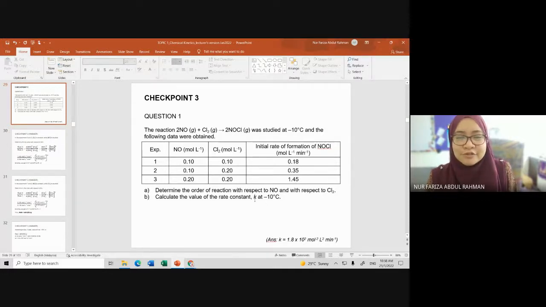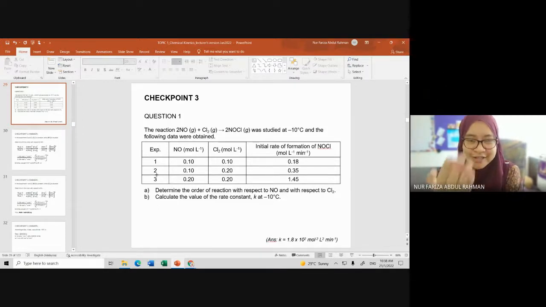So you may choose, because you have the rate law already. You dah ada rate law kan? The order pun dah determine kan? So you can find out the K. By using any of the data given, eksperimen 1 ke, eksperimen 2 ke, eksperimen 3, just insert the value so that you can get the K. After all, it's constant. You pakailah value nombor 1, nombor 2, nombor 3. You should get almost the same answer, sebab cari constant kan.